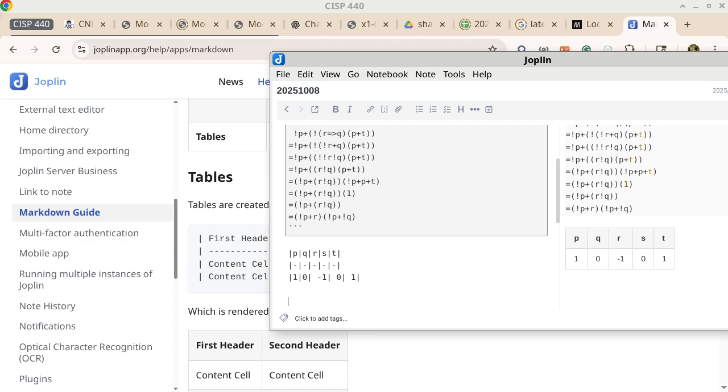In this case, the resulting expression is P or not R or T. Let's pause here and see if you can see how P or not R or T is encoded using 1, 0, and -1 in a table like this. 0 means we are not mentioning Q. Q is not a part of this disjunction. 1 means we want P non-negated. And the -1 means we want R, but negated. Are we okay with that representation?